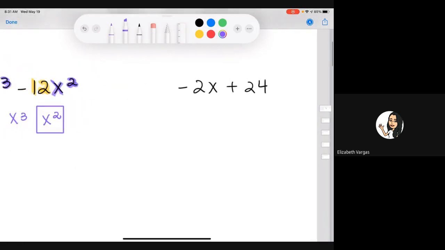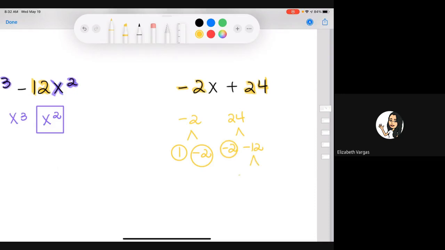Over here, do I have two whole numbers? Yes, I do. I have a -2 and I have a 24. So I want to go ahead and find the factors, specifically the prime factors of those two. So -2, 24. I'm going to try 1 and -2. 1 is a prime number. -2 is a prime number. -2 and -12. -2 is a prime number. 12 isn't.